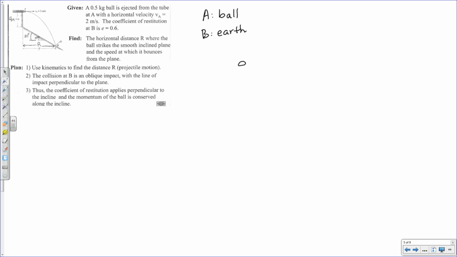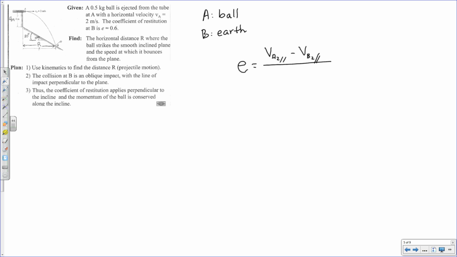My coefficient of restitution is defined as the relative velocities of the two objects after the collision occurs. So VA2 in the parallel direction minus VB2 in the parallel direction. I guess I'm mixing up my notation here. But in this case, I'm talking about VA2.